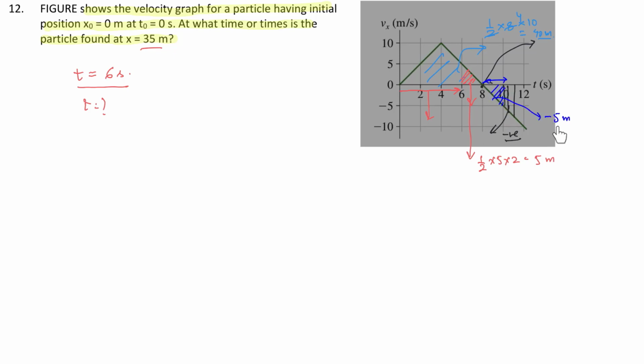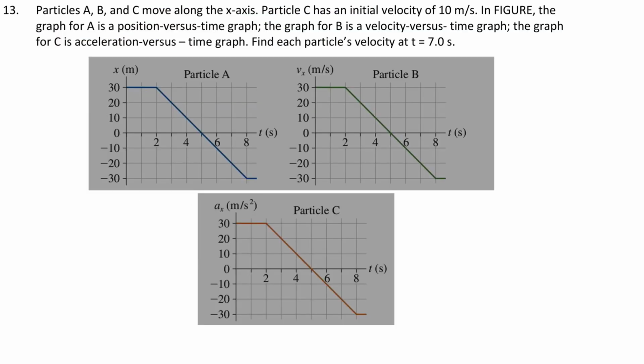So how much is this area? Minus 5. So from 8 to 10 second, at t equal to 10 second, position is again 35 meter. So position is 35 meter at t equal to 6 and 10 second. Next question.